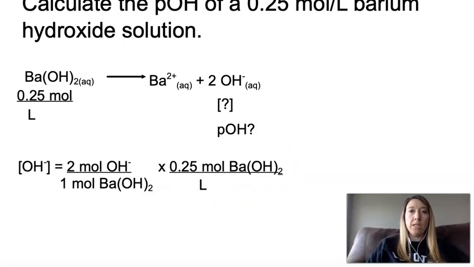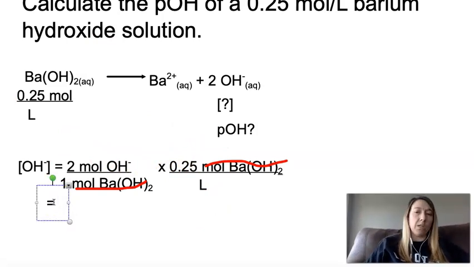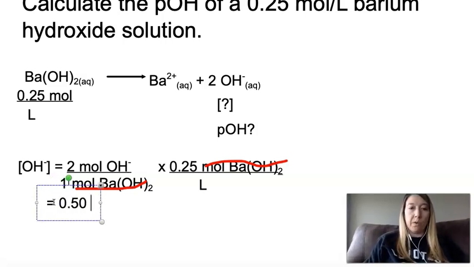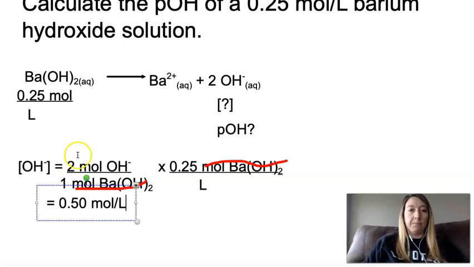Now when we look at this, we can eliminate the unit of moles of barium hydroxide. That leaves us with moles of hydroxide per liter. So you'll notice in this case, we do get a different number, right? A lot of times you guys start to be like, oh, why do I have to do a ratio? It's always the same number that I started with. But in this case, it's not, right? We're going to get that the concentration is 0.50 moles per liter.